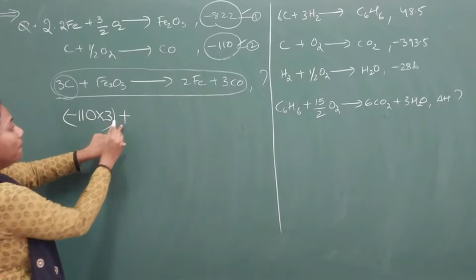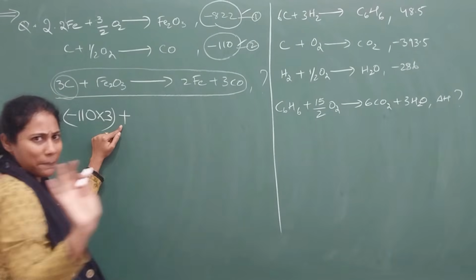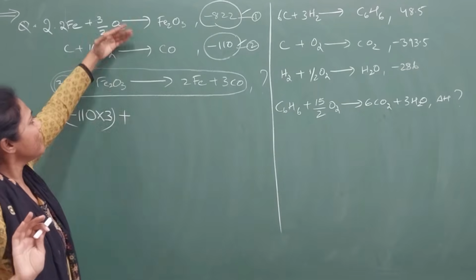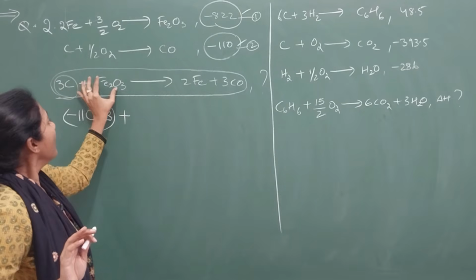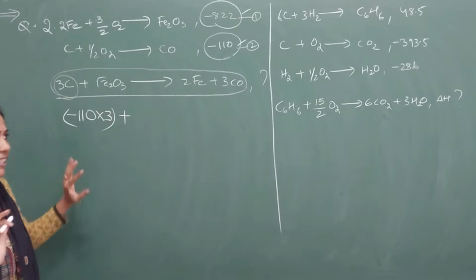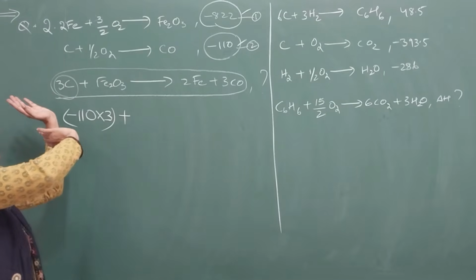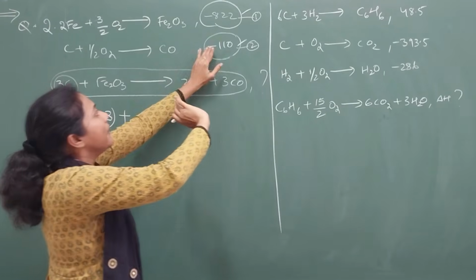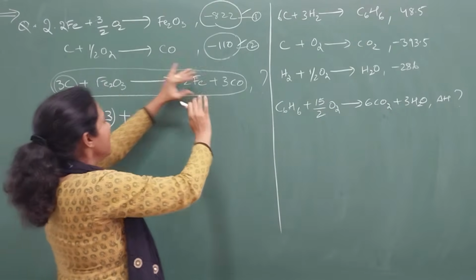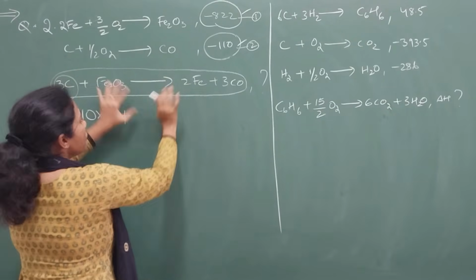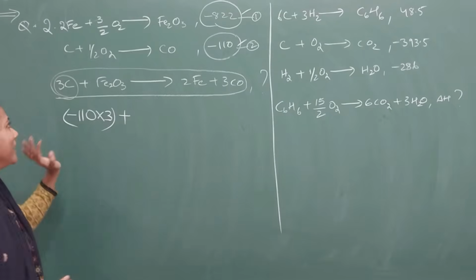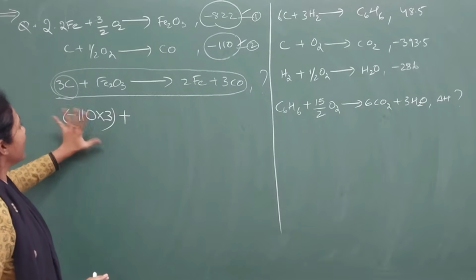So this value plus, you go on adding the given enthalpies, that is the target. Whatever changes you have to make, you make by looking at the desired equation. Whether you want to multiply with a number, or write a minus sign as plus or a plus sign as minus, you look at their position and write it. Now carbon's work is over.